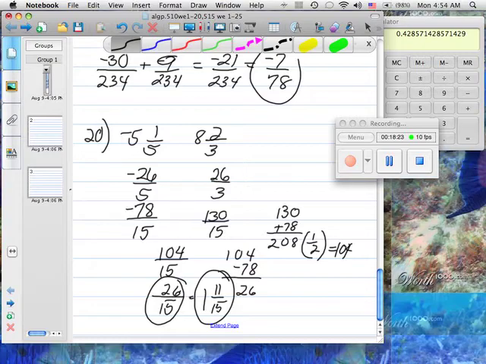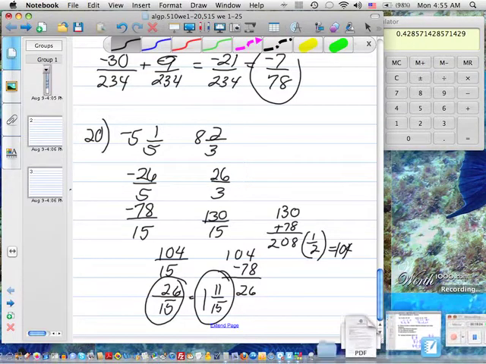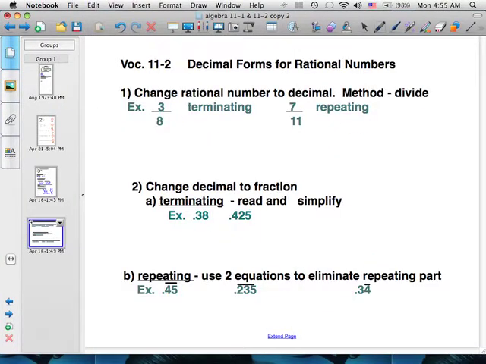Now going back to the second part of our assignment. Giving the decimal forms for rational numbers or fractions. To change a rational number to decimal, just divide. And you can use your calculator. 3/8 is terminating. If we divide 8 into 3 on the calculator, we get 0.375.